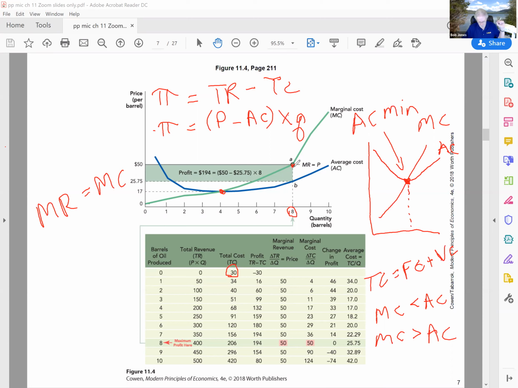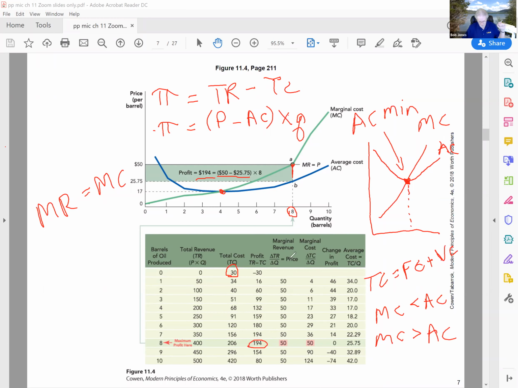So this gap represents the profit per unit. Okay. We're calculating it here. Okay. They're making that on 8 units, so you multiply by 8, and that gives you the total profit of $194. Okay. And we see that right down here.